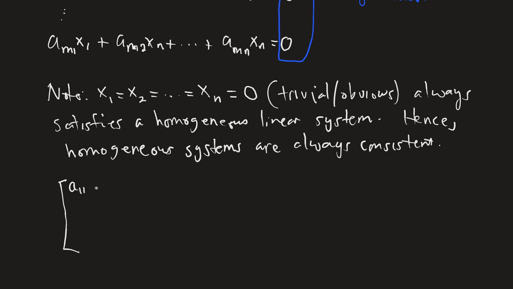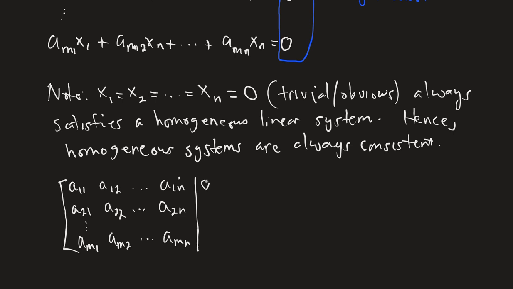You'll have your a11, a12, a1n, and then a21, a22, a2n, dot dot dot, am1, am2, dot dot, amn, and then now I would have my zeros there. So again, this is a homogeneous system.